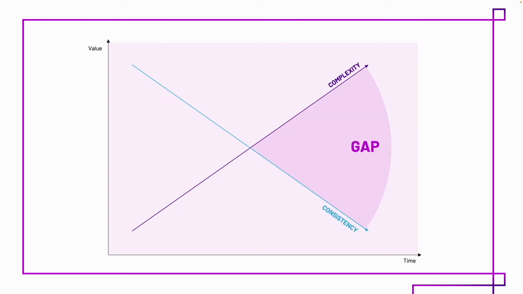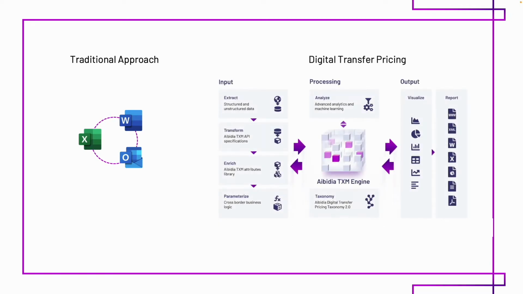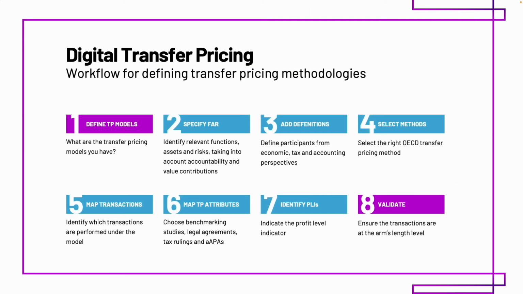While tax managers can manage transfer pricing methodologies in a traditional way using Excels, Word documents, and emails, there is a better approach called digital transfer pricing. That's why Abidia has a dedicated digital workflow that allows defining and controlling TP methodologies in any multinational company.